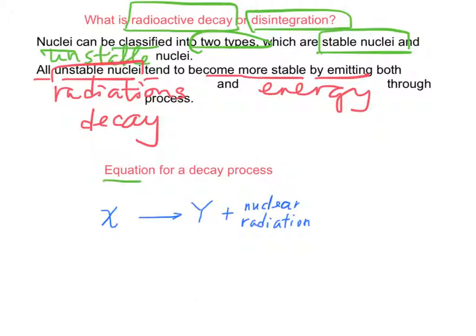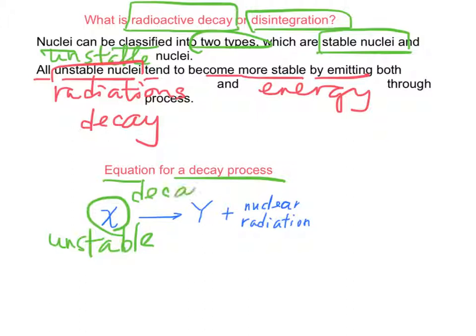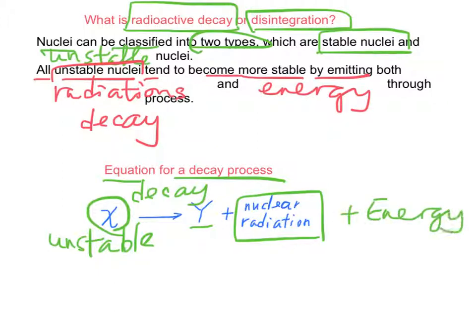The equation for a decay process is that an unstable nucleus X decays to form a nucleus Y and emitting nuclear radiation. Usually, the word energy is omitted.